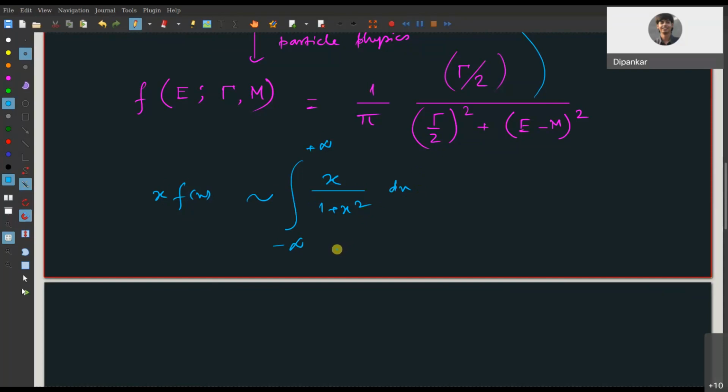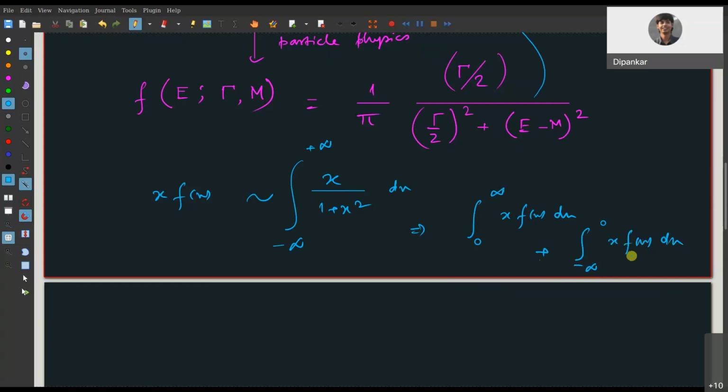We usually do these kind of things, but here, mathematically speaking, it is not well defined. The reason is the integration value. So this can be broken up into two parts. One is 0 to infinity x f(x) dx, and another piece is minus infinity to 0 x f(x) dx.